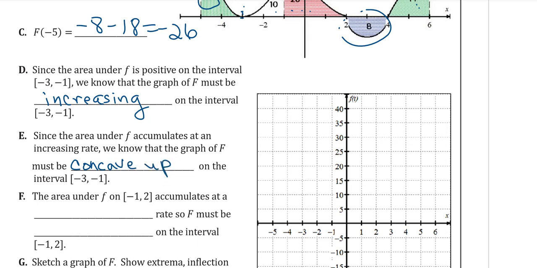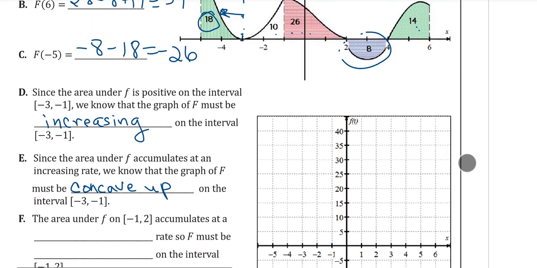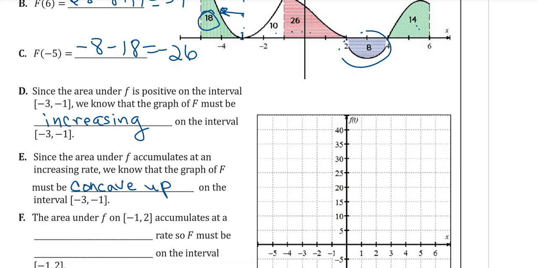in that same area. So the area under little f from negative 1 to 2 accumulates at a decreasing rate. So if you look at our graph, when we're from negative 1 to 2, we can see that the area is accumulating at a decreasing rate.